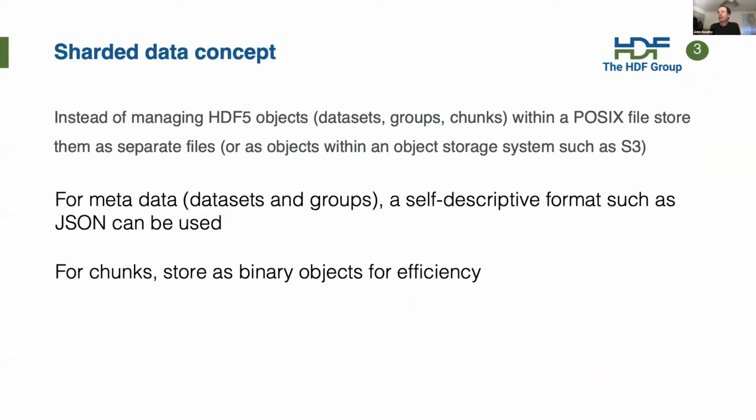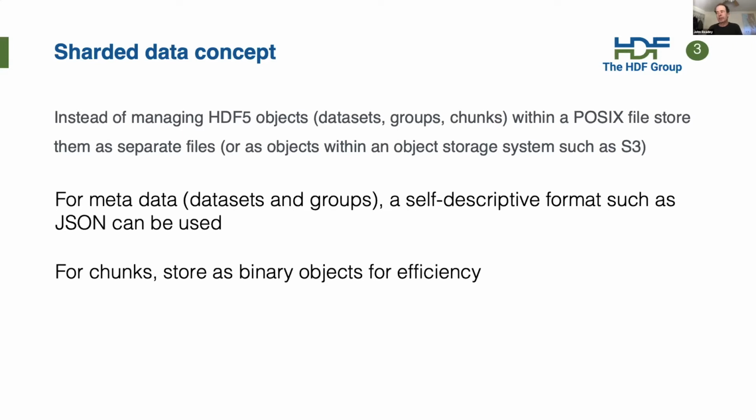So the idea of sharded storage is that rather than the traditional view of storing all the HDF5 objects within a single POSIX file, you store each object as a separate file. If you're using an object storage like S3, there'll be a separate object, but the same idea.